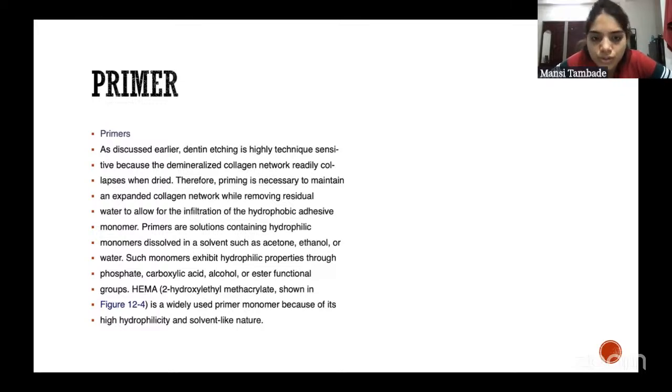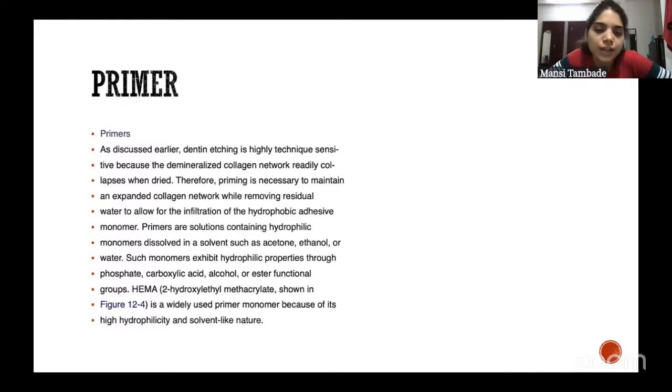Primers are solutions containing hydrophilic monomers dissolved in a solvent such as acetone, ethanol, or water. Such monomers exhibit hydrophilic properties through the phosphate, carboxylic acid, alcohol, and ester functional groups. HEMA, shown in the figure, as I will show in the further slides, is a widely used primer monomer because of its high hydrophilicity and solvent-like nature. HEMA is the most commonly used primer we are using.